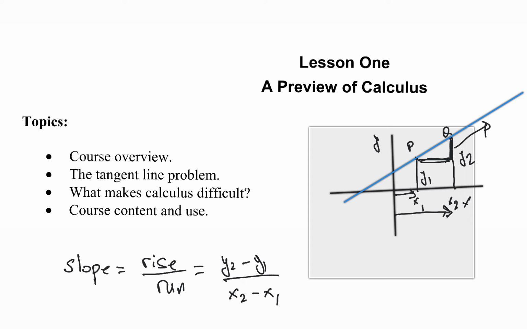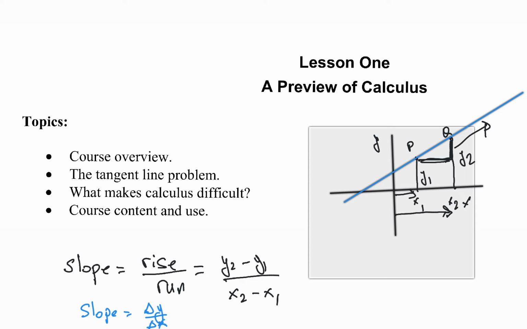So let's do one example to find the instantaneous slope. This is calculus. Calculus is based on finding the instantaneous change, the instantaneous slope of the curve. Sometimes this equation of the slope is written as slope equals delta y divided by delta x.